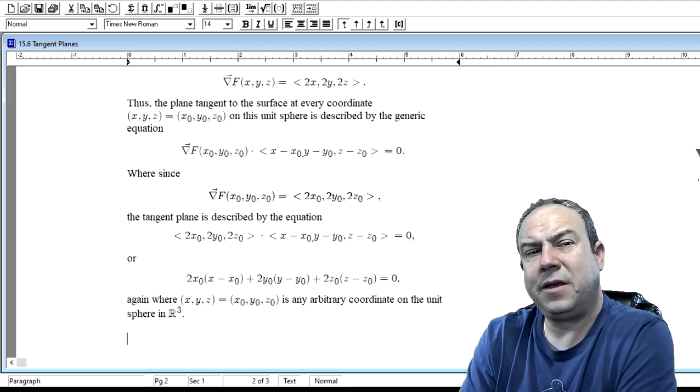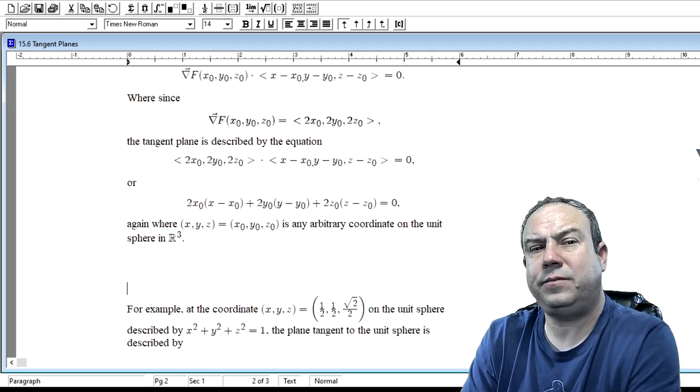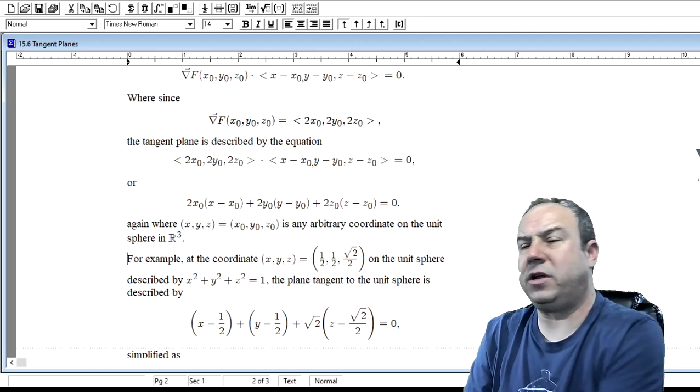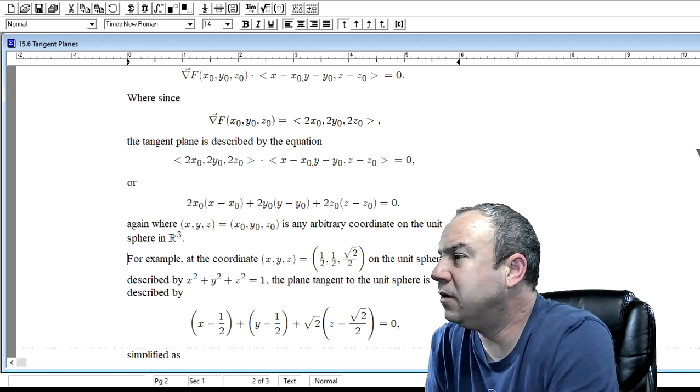Right? For example, the coordinate 1/2, 1/2, root 2 over 2 is on the unit sphere.